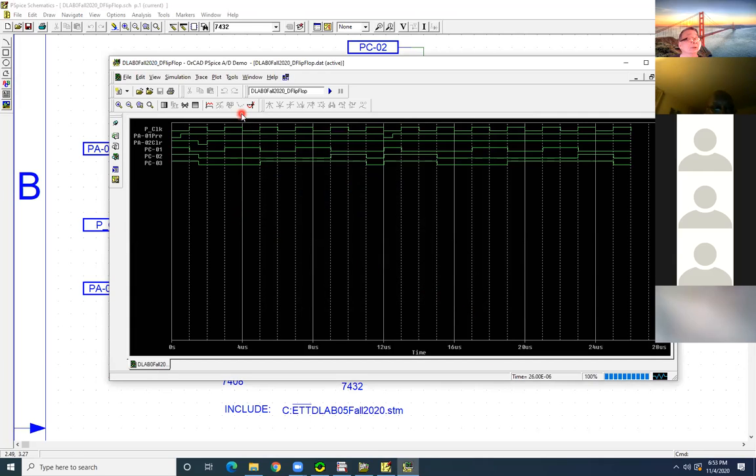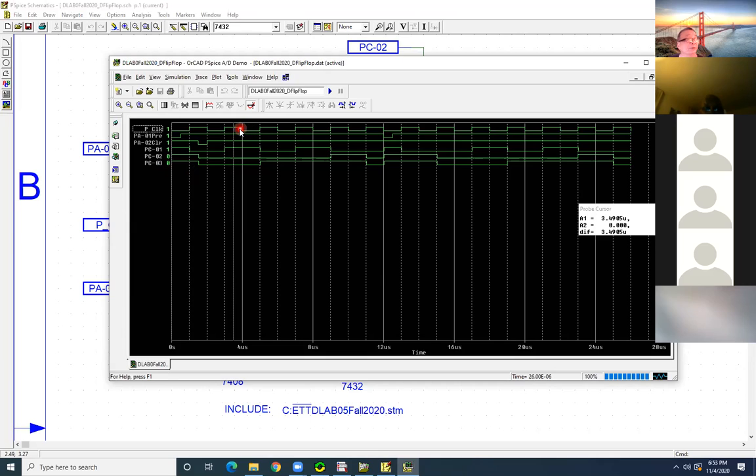So you can say this is a test for preset 1, and this is a test for the clear. You get 0, 0, 0. And now the clock will be the first transition right here. Click on that one. You get 0, 0, 1. And the next test will be the next transition right here.